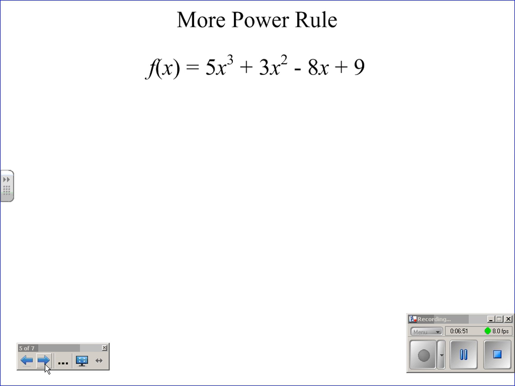So 5x cubed becomes 5 times 3x squared, or 15x squared. Also, when we have a sum of functions, we take the derivatives of each function and add them all together. So the next term is 3 times the derivative of x squared, which is 2x. So the term is 6x.